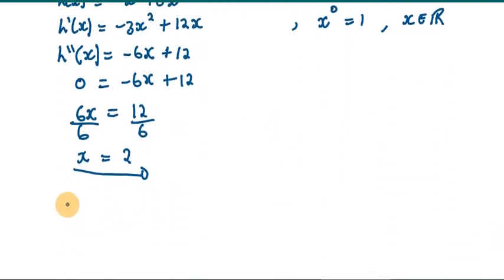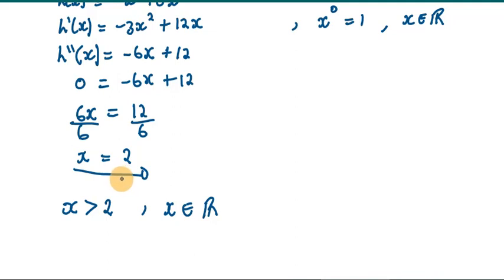So for every value of x greater than 2, provided that x belongs to the real numbers, the graph will be concave down. You don't include 2 because 2 is the point where the graph starts to change its concavity, but you don't know whether it is going to change to concave up or concave down.